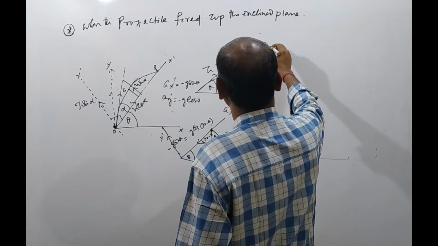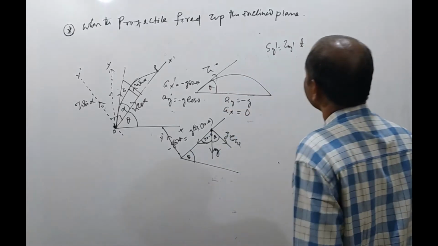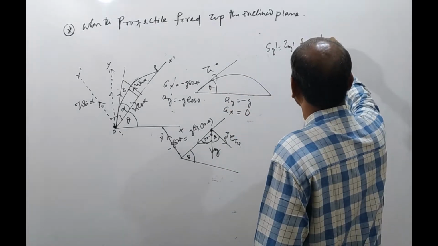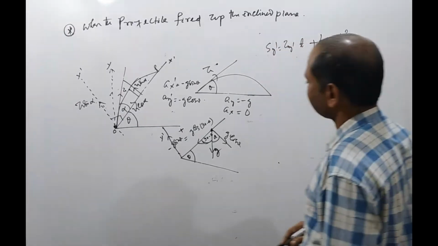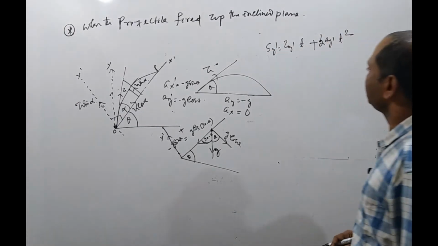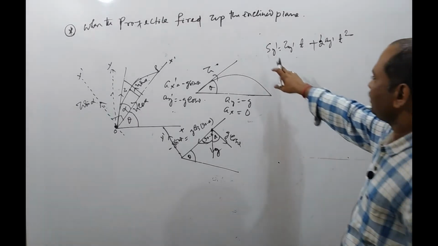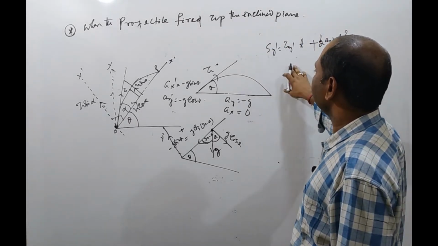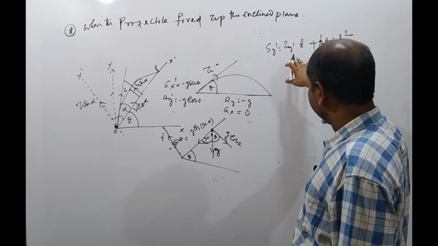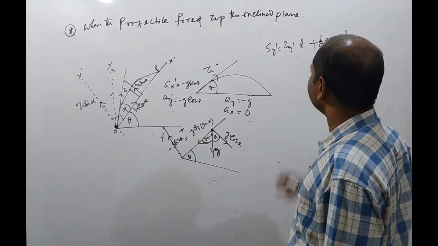The equation of motion, s y dash is equal to u y dash t plus half a y dash t square. S y dash is the displacement in the y dash axis, u y dash is the initial velocity in the y dash axis, and a y dash is the acceleration in the y dash axis.